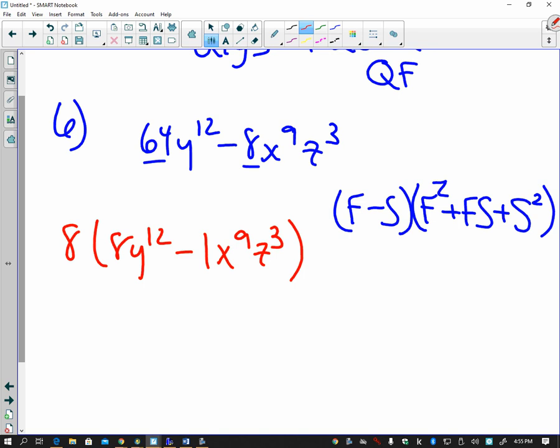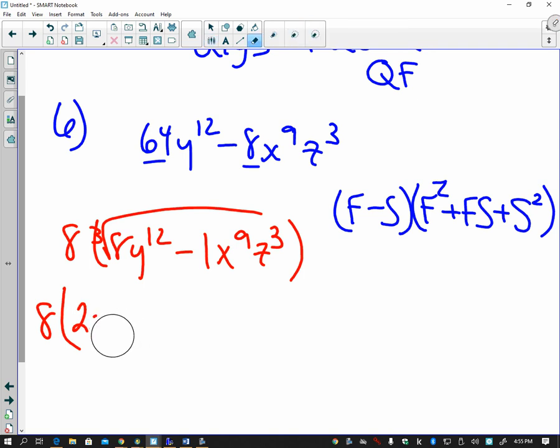Now, we're going to leave this 8 on the outside, and we're going to cube root these things here. Okay, so the cube root of 8 is 2, and then we kind of get back to what we had before. 2y to the, we've got 12 divided by 3 is 4.